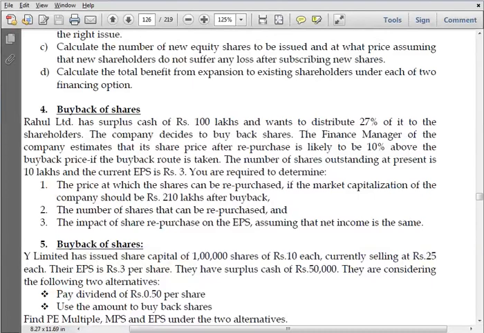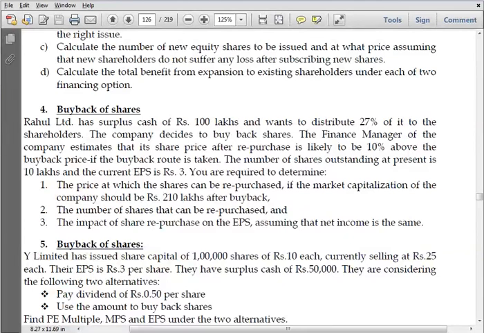Next point, we need to establish the buyback quantum. The buyback quantum is rupees 27 lakhs.